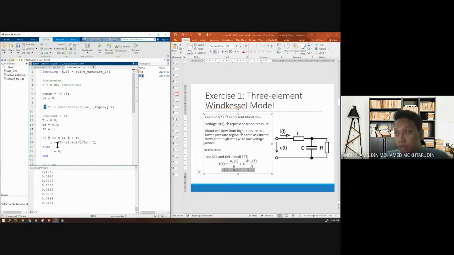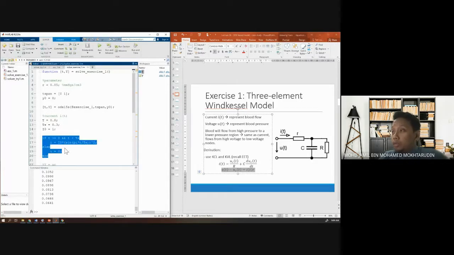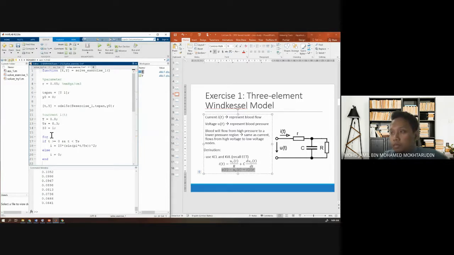But to use this if else with t, t here is having so many values. So you cannot simply use if else code to find I. So you need to add a for loop. Okay, so you need to add a for loop. So you define, let's say, j starting from 1 until length of t.